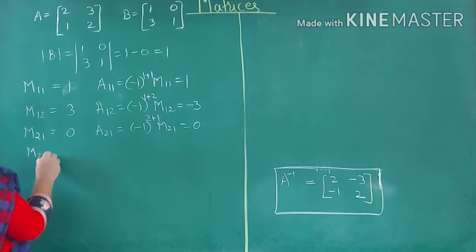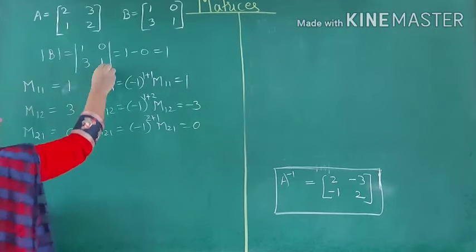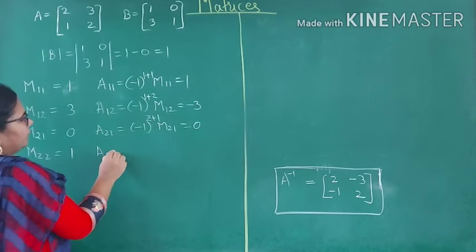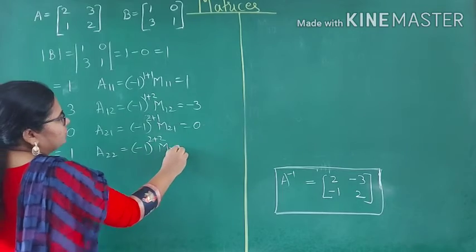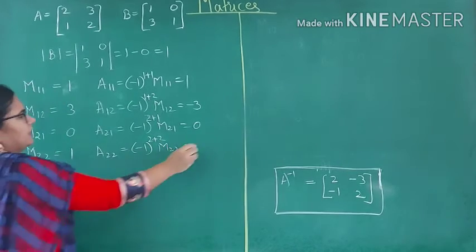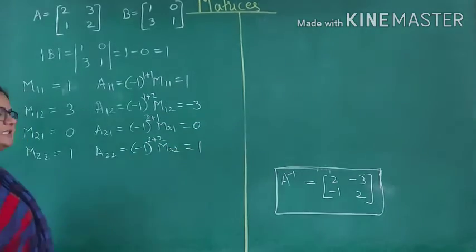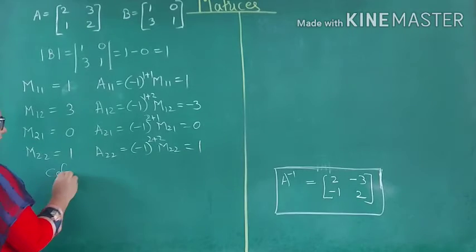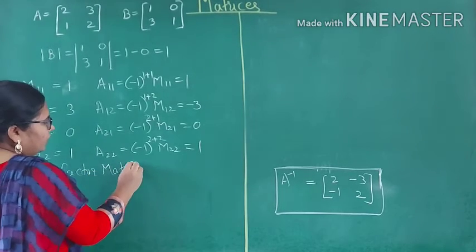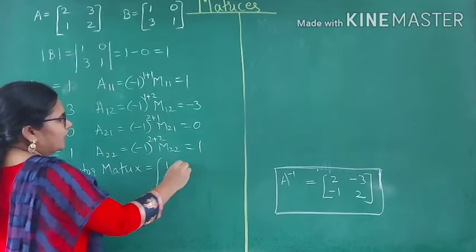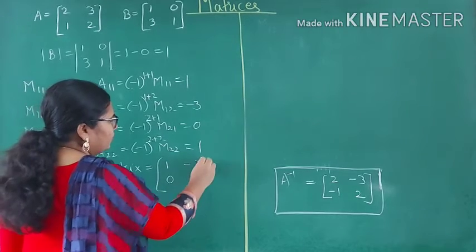Then M22 will be equal to second row, second column, answer is 1. A22 will be equal to minus 1 to the power 2 plus 2 into M22. Even power, answer will remain same. So what is the cofactor matrix? Cofactor matrix is 1 minus 3 0 1.